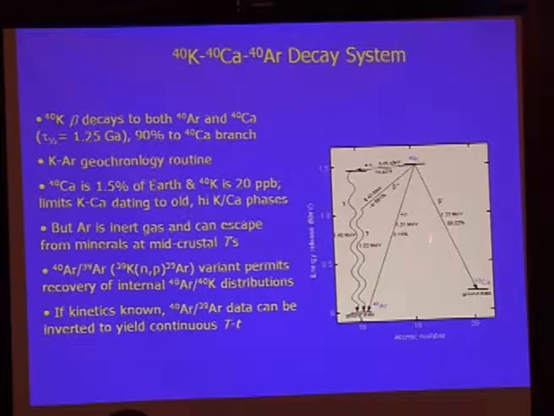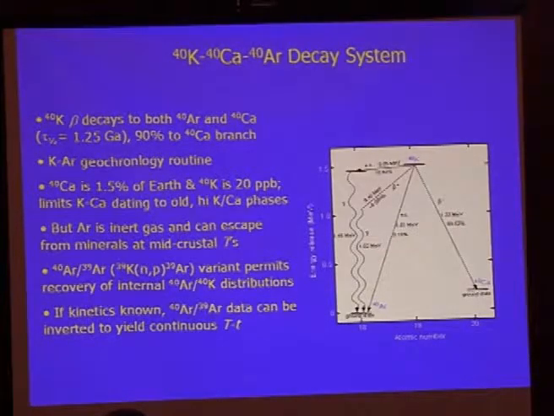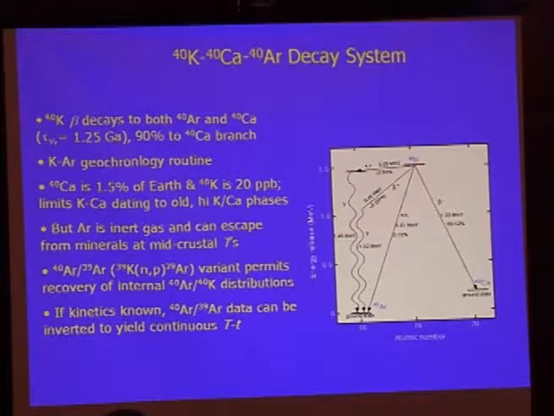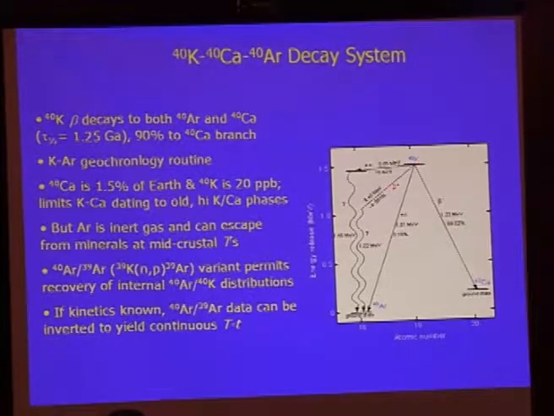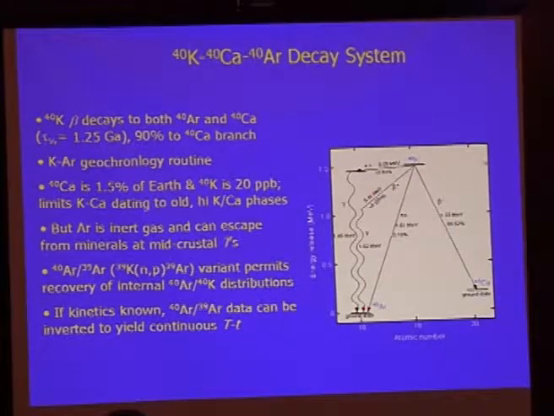Despite this being the minority partner, this is the one that you've heard about before because silicates don't like to make compounds with rare gases. So initially most silicates will have very low concentrations of the daughter product. Notice that a minor branch, but nonetheless significant, is this positron emission to argon 40.